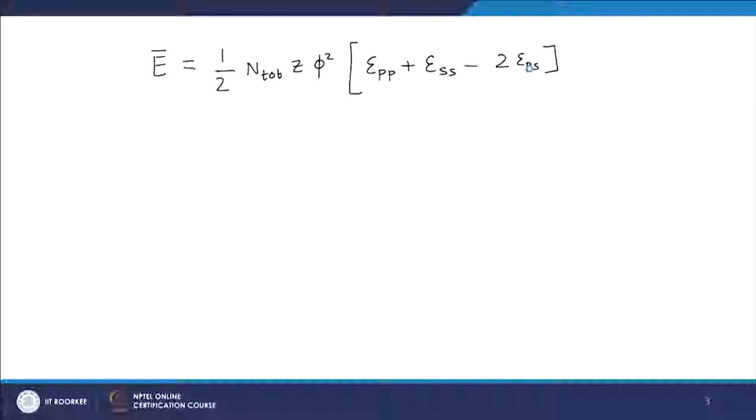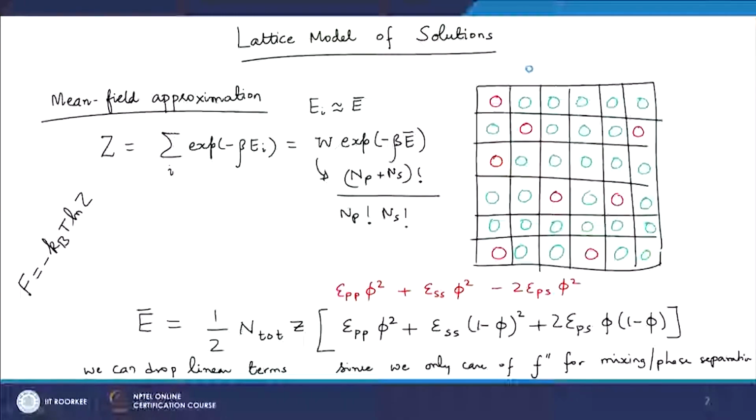So, what we get is E bar now is half N_tot z phi square multiplied by (epsilon_PP plus epsilon_SS minus 2 epsilon_PS), which you can confirm by looking at what we had earlier.